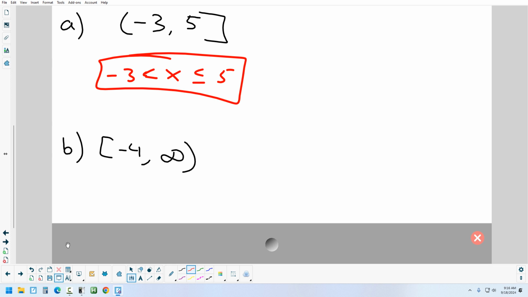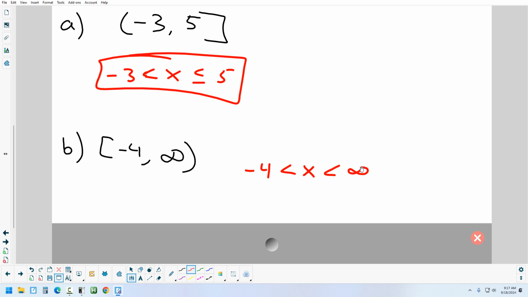How about Amaya? Could you write that one as an inequality for me? -4 is less than x, and then less than infinity. All right. Can you give me something that's not less than infinity? Just think, can you give me a number that's not less than infinity?